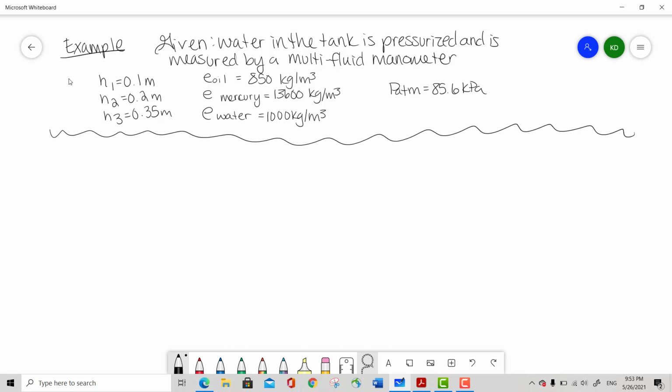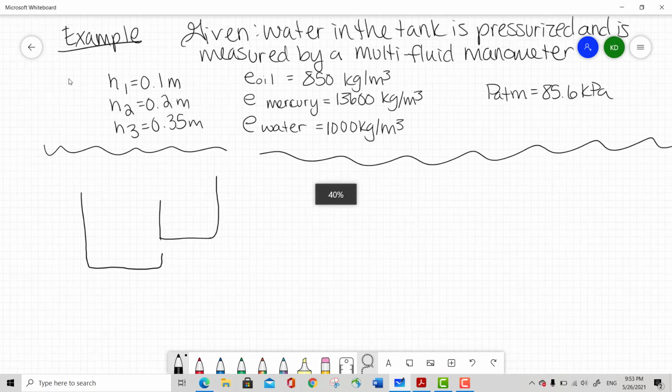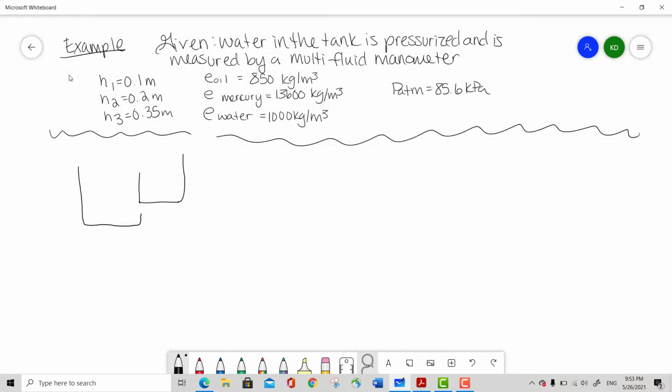It will be given, but I find it helpful to always draw it live so that you can really see. Okay.